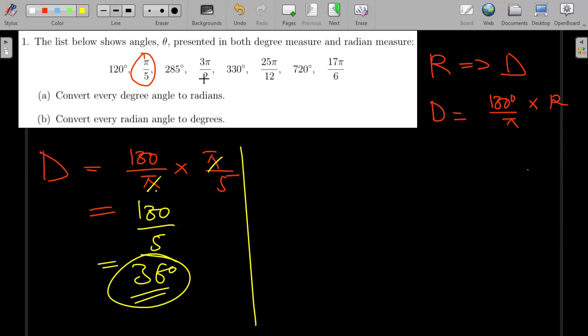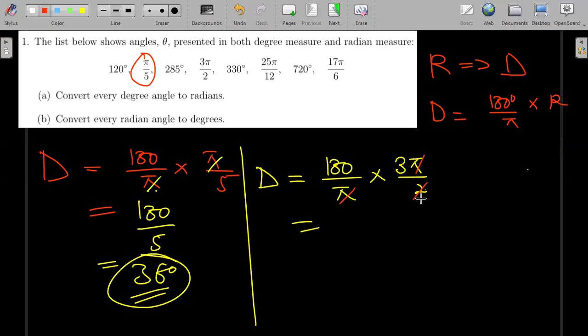What about 3 pi over 2? This is 270, but let's show it. The angle in degrees is 180 over pi multiplied by 3 pi over 2. As usual, the pi will always cancel, so I remain with 180 times 3 divided by 2.